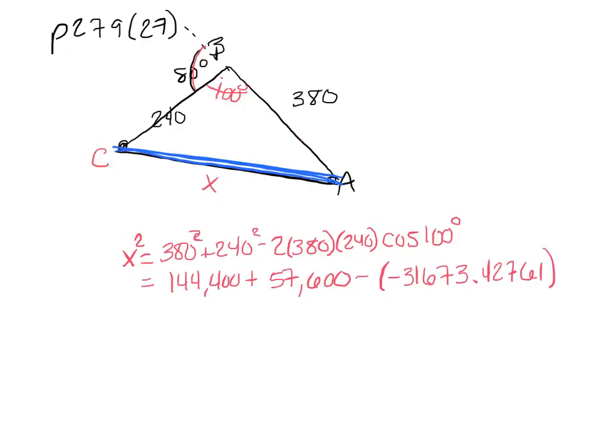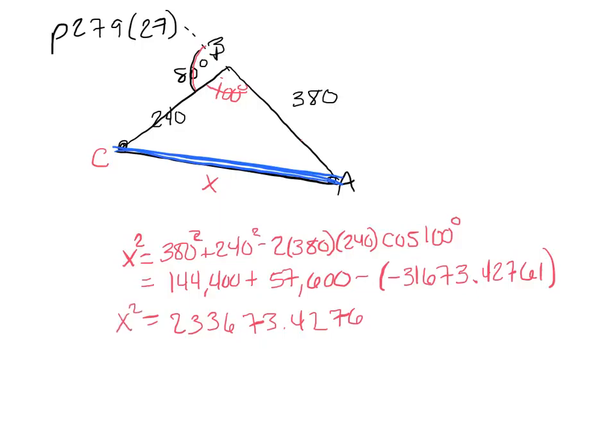Now I'm going to add those to the other ones, so plus 57,600 plus 144,400. And I get this really nasty big number, 233,673.4276. That's what x squared equals.